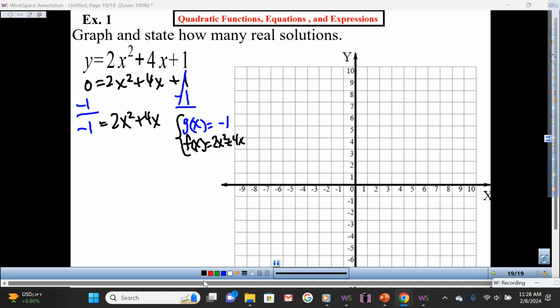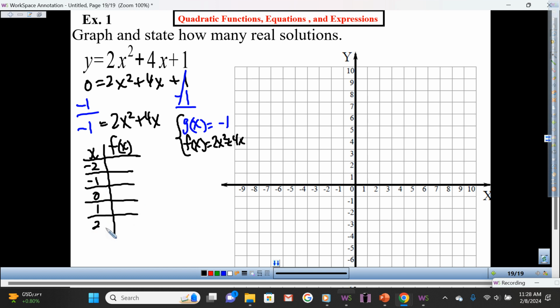Let's graph this. I'm going to start with f of x. Let's make a table, x and f of x. Tell your neighbor the values that we're going to use for x. Negative 2, negative 1, 0, 1, 2.